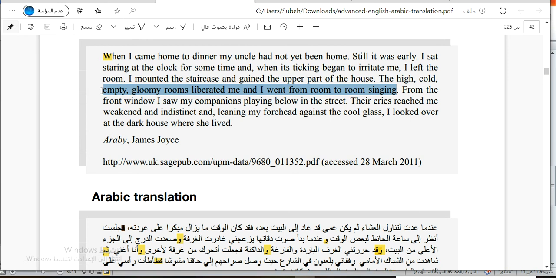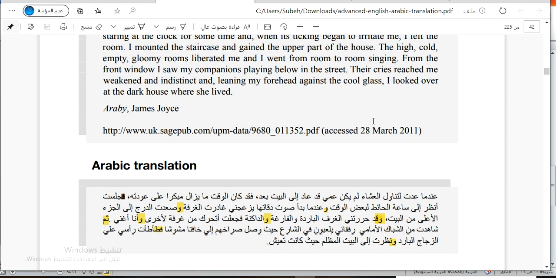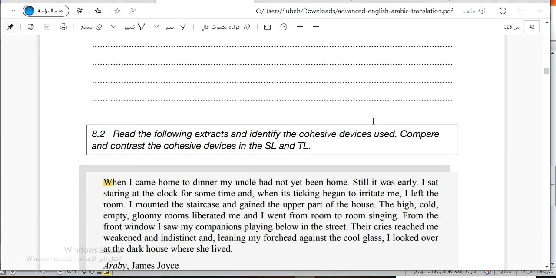Yani 6 or 5 sentences are translated into just one sentence in Arabic. Be careful about this. So this is why it's acceptable to use wa, thumma coordination in Arabic. Okay?